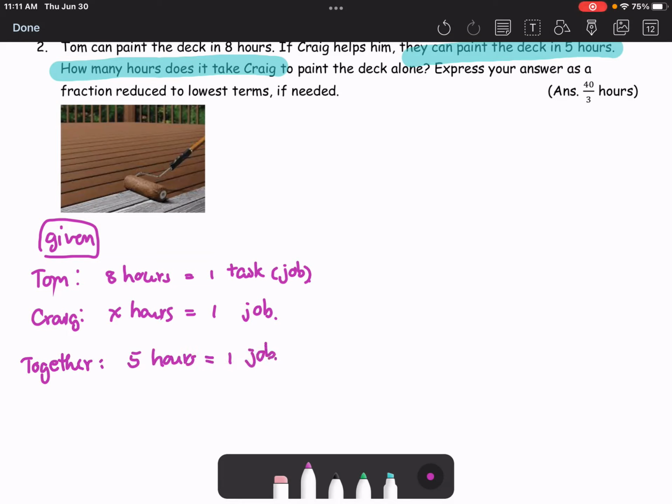So we're going to break it up. For Tom, in 1 hour, what portion of the work can he get done? It's going to be 1/8 of the work. For Craig, 1/x of the work done. And together, 1/5 of the job done.